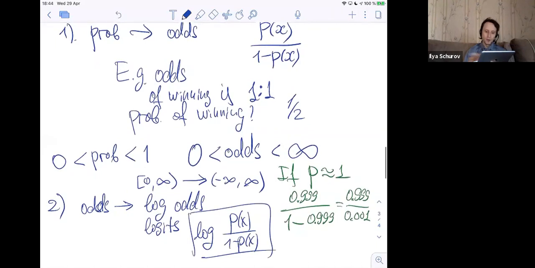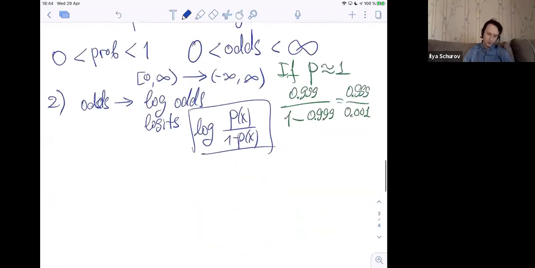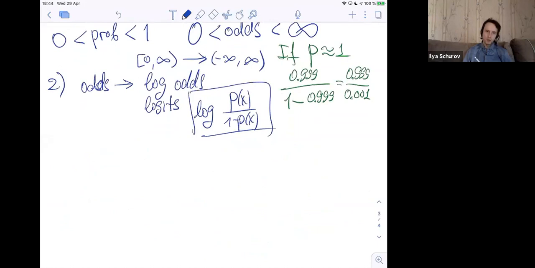So let me recall how logarithm works. Logarithm is a function that is inverse to exponential function. Probably today everybody knows how logarithm function looks like, thanks to the COVID epidemic.